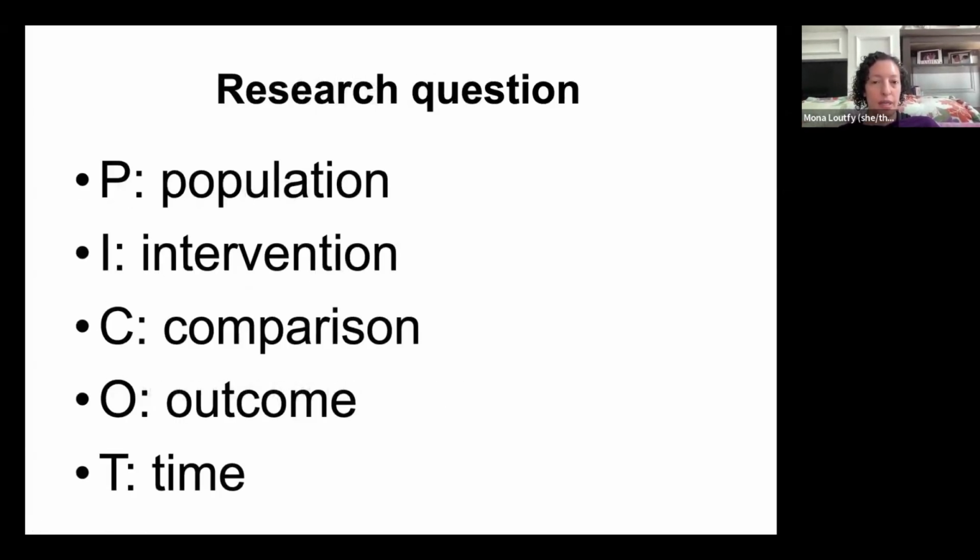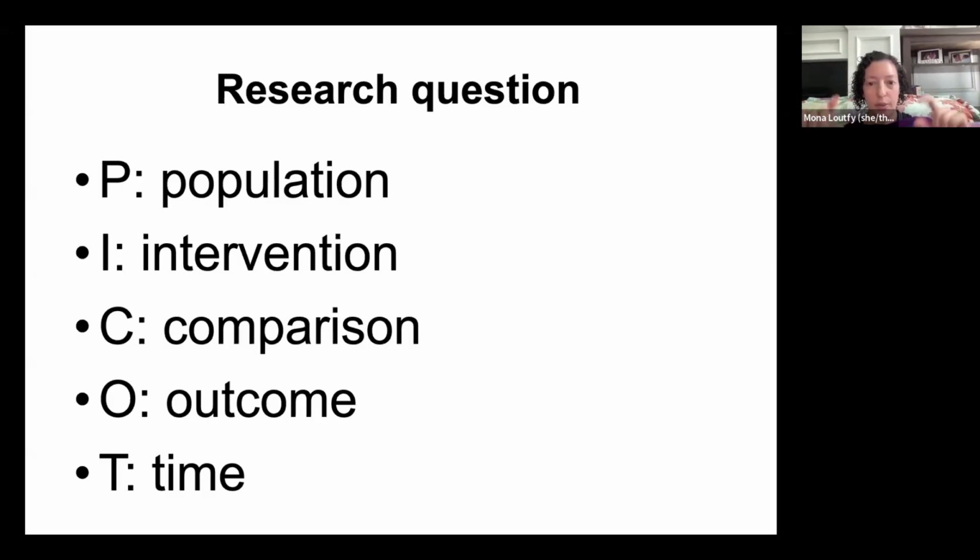Again, we use this as the format to develop our research question. P for population, I for intervention or independent variable, C for comparison. And again, if you're using an independent variable, the I and the C are the two sides of the coin, right?